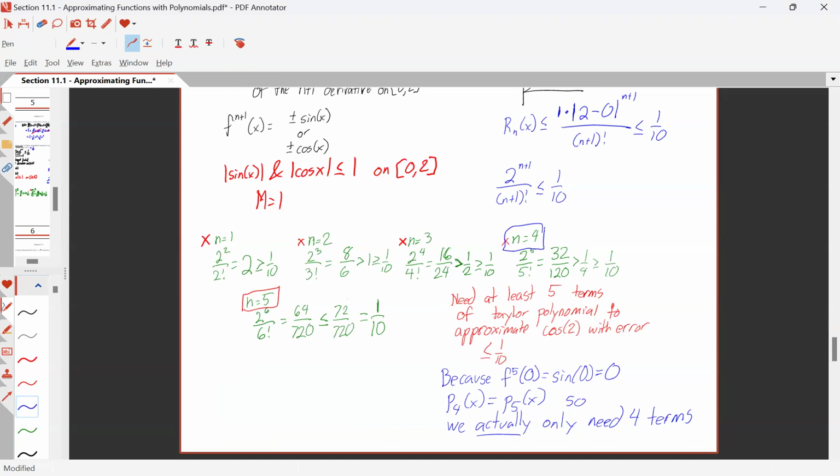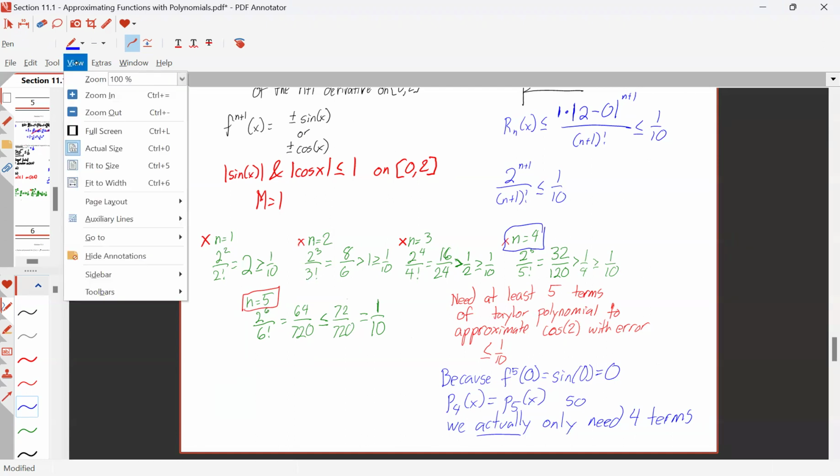But for the remainder theorem to actually tell us the error is going to be smaller than 1/10, we need technically 5 terms. But that 5th term is 0, so it is not doing anything. So we actually only need 4 terms.